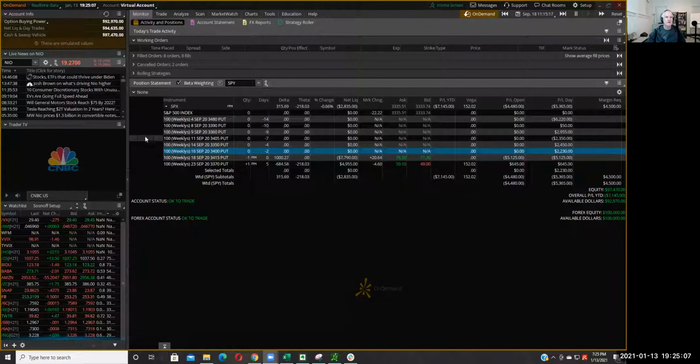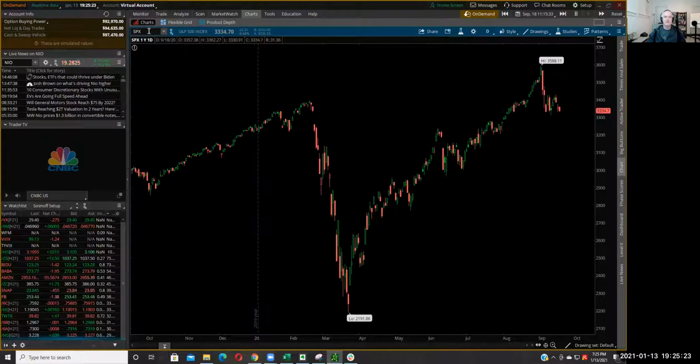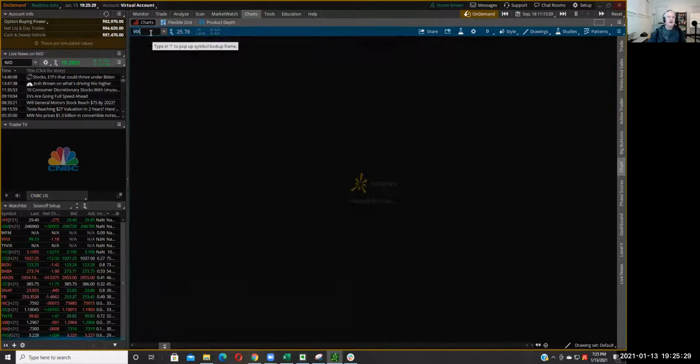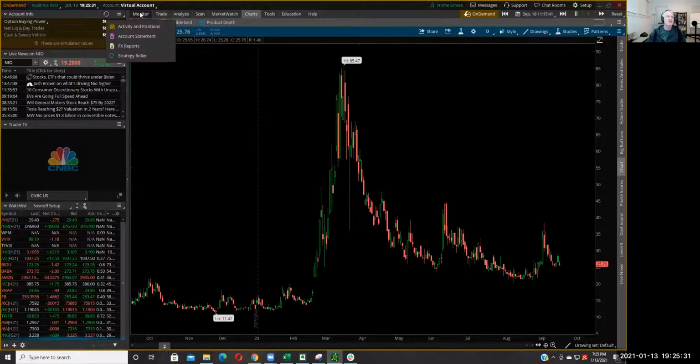All right, so far it looks like this strategy is not working on a 300-point down move, but on a 2,000 it does. So here we go. It is now September 18th, and let's see, SPX is trading at 33.34, and VIX is trading at 25.76.